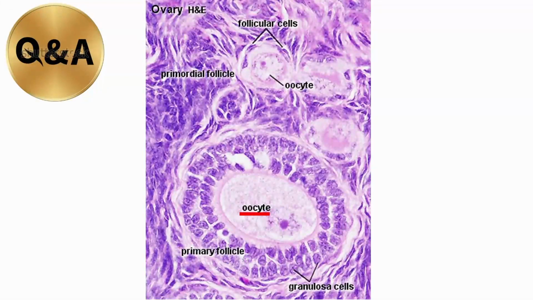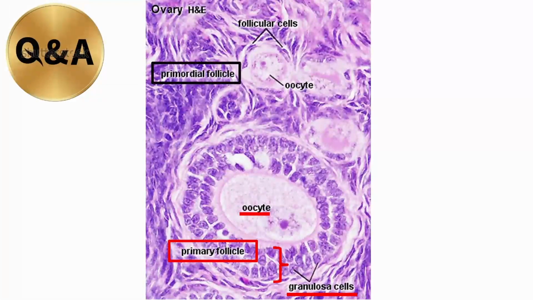Here we can see an oocyte surrounded by zona pellucida, and the granulosa cells are multi-layered with large nuclei, and these are granulosa cells coming from the surrounding tissues of the oocyte, and therefore this is a multi-layered primary follicle.